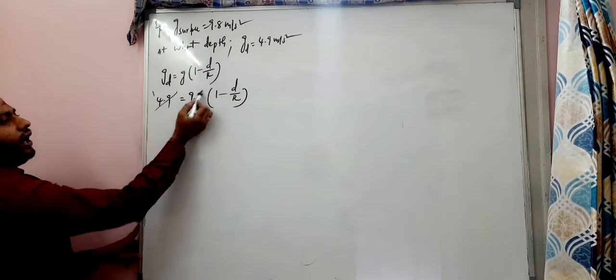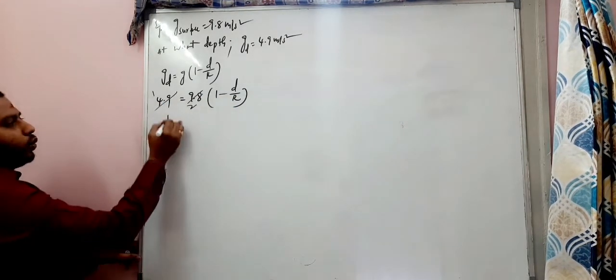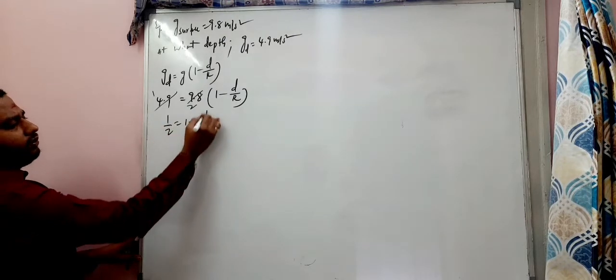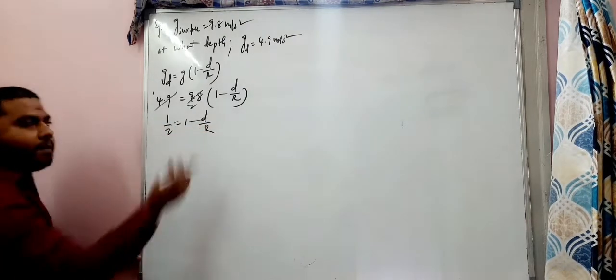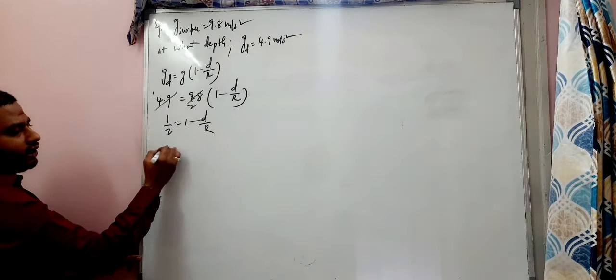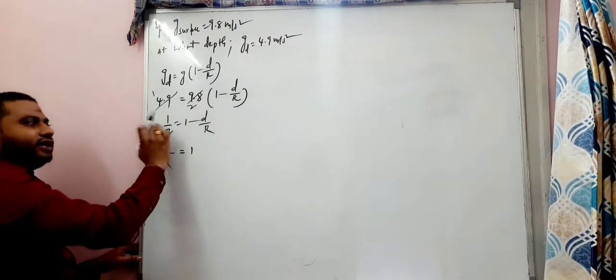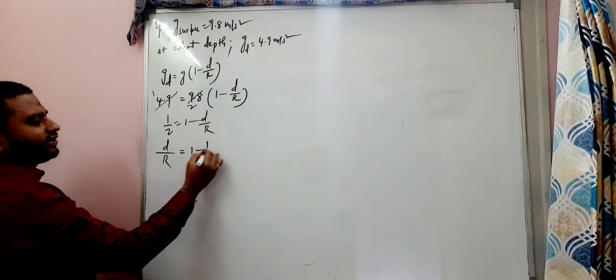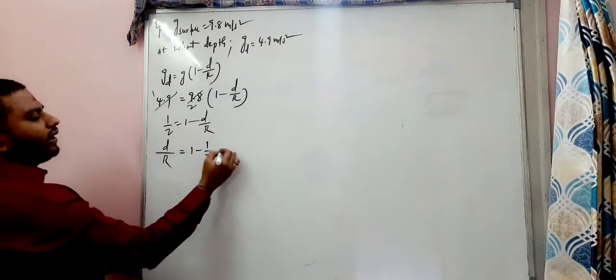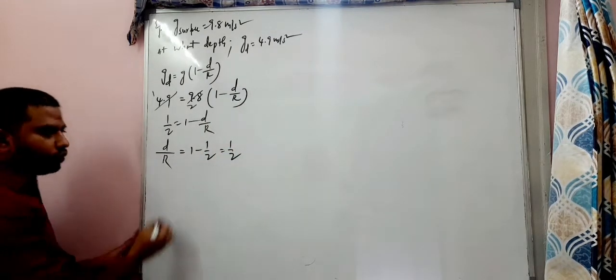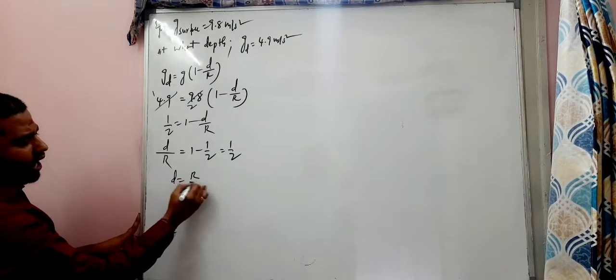So it's 1 and 2, right? So 1 by 2 is equal to 1 minus d by R. Minus d by R comes here as plus d by R, which is equal to 1, and this 1 by 2 goes to the other side, so minus 1 by 2. 1 minus 1 by 2 is 1 by 2, and you get d is equal to R by 2.